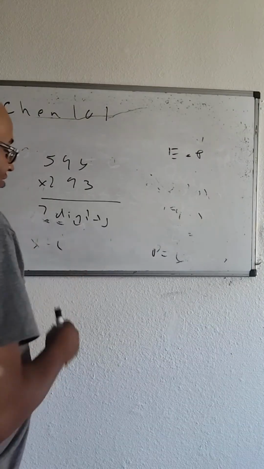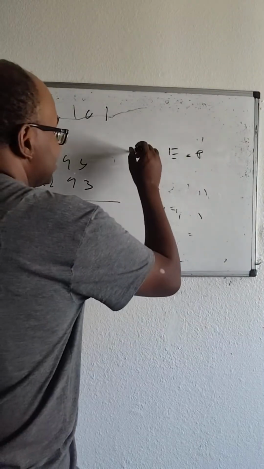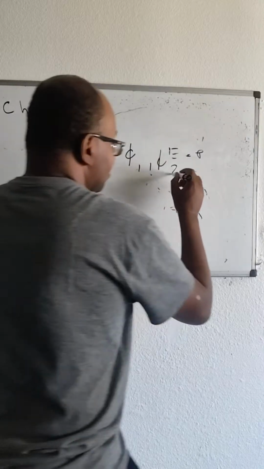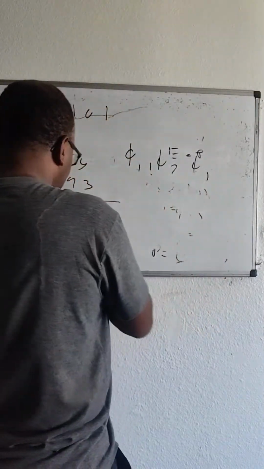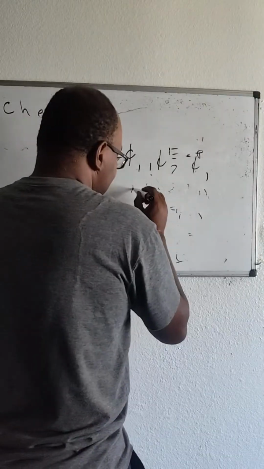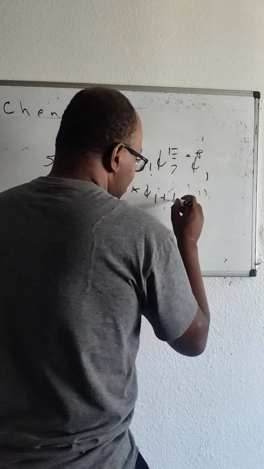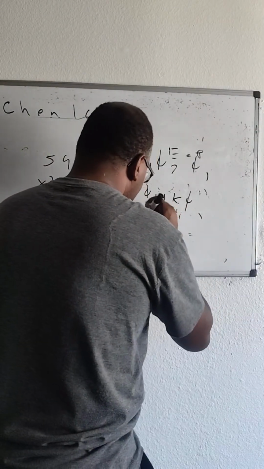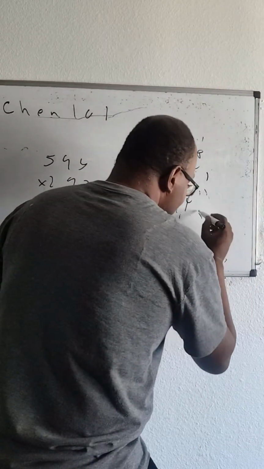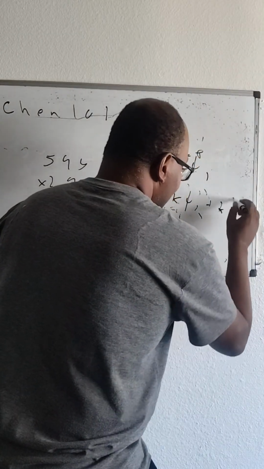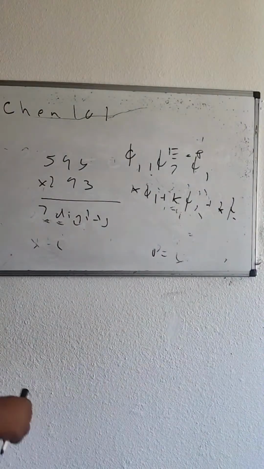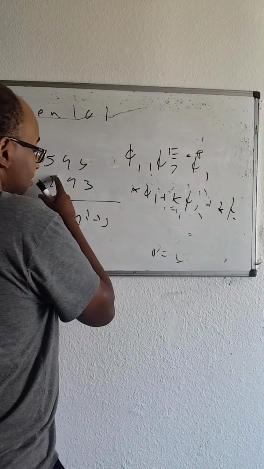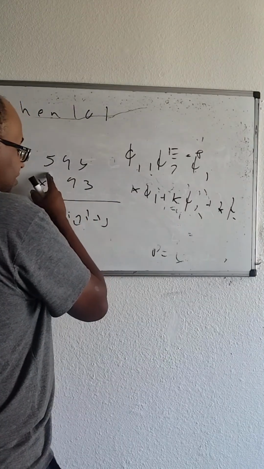Let's look at this, and we call this our common number, K. So K1, K2, K3. Let's break them up. So if I double this, 6, 18, 10.